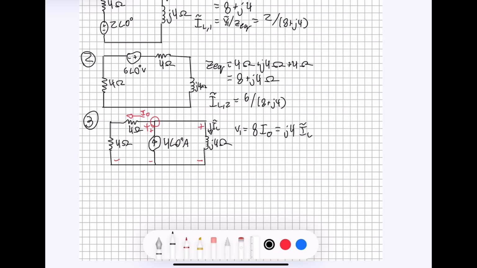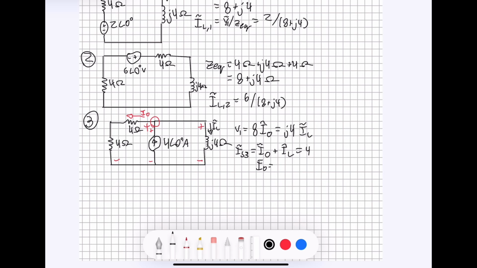Because we know that the current coming into this junction here has to be equal to the current coming out in these 2 directions, we can write that the current from source 3 must be equal to I0 plus the current going into the inductor, IL, and the current coming from source 1 is given to us as 4. Now that we have 2 equations and 2 unknowns, we can solve.